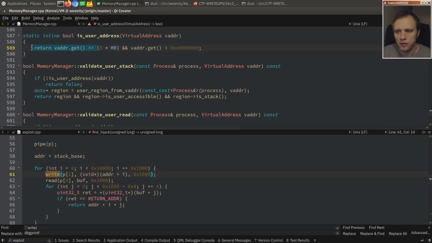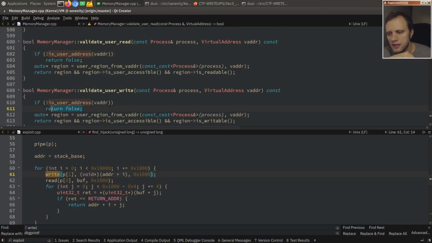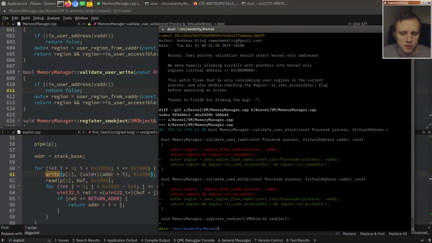We're probably going to get rid of the bottom 8 megabyte stuff, but right now all valid user space addresses are in this range between 8 megs and 3 gigs. So if for any reason you pass in an address that's outside of that range, we'll just reject it without even looking at memory regions. So it's just like a little bit of extra belt and suspenders.